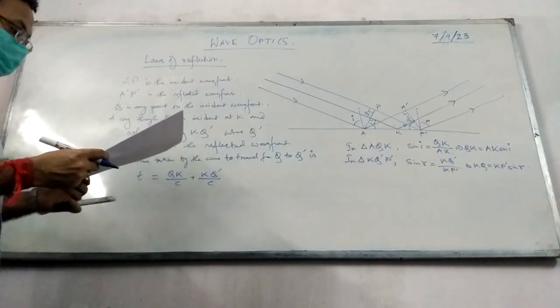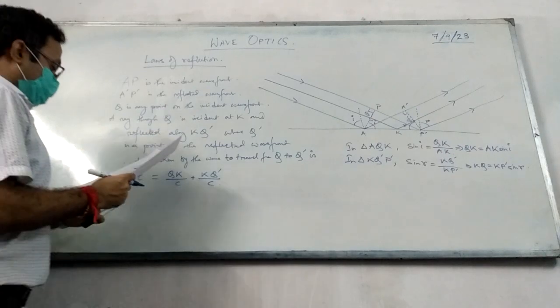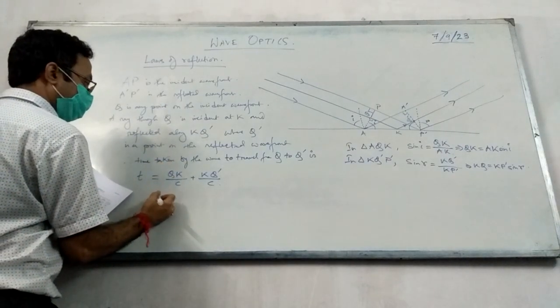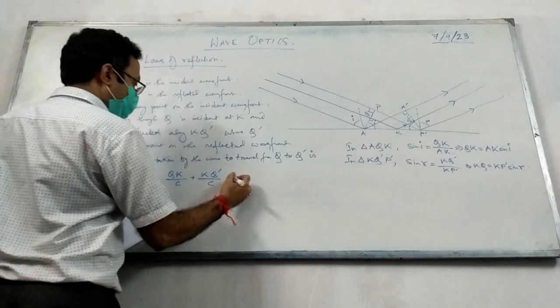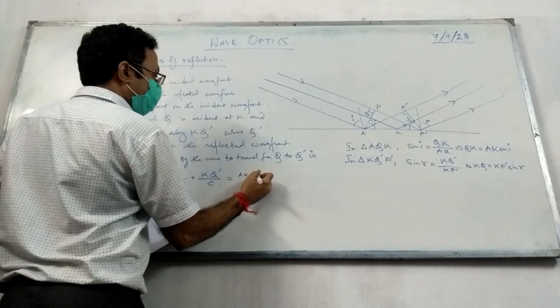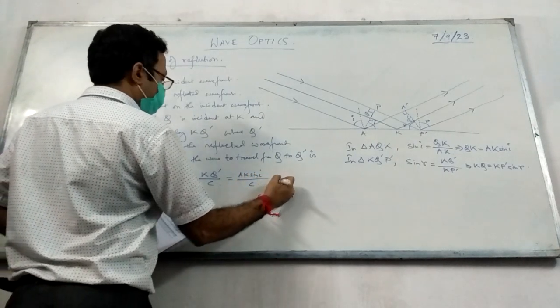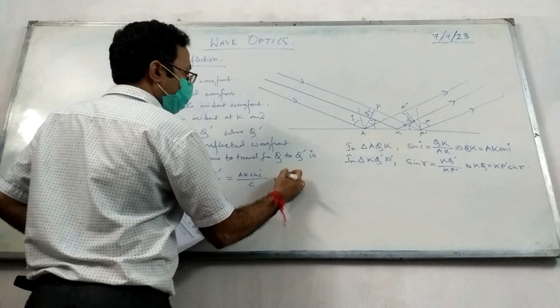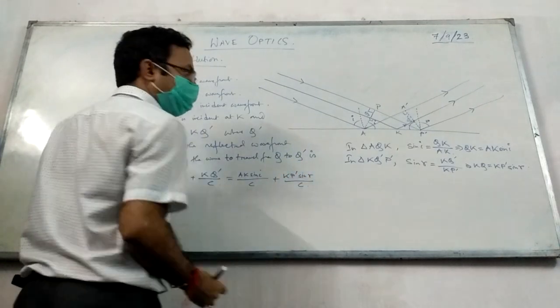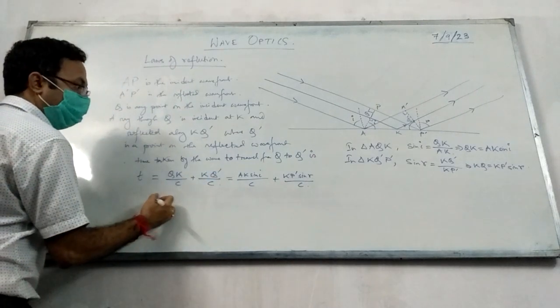Now I'm making the substitution over here. I'm writing that this QK is what? AK sin I. QK is AK sin I by C plus KQ dash is KP dash sin R by C. Right? सर, आप Q dash नहीं लिखा.